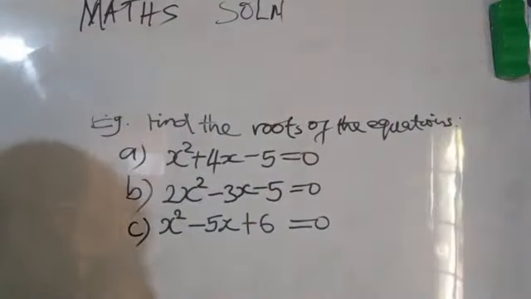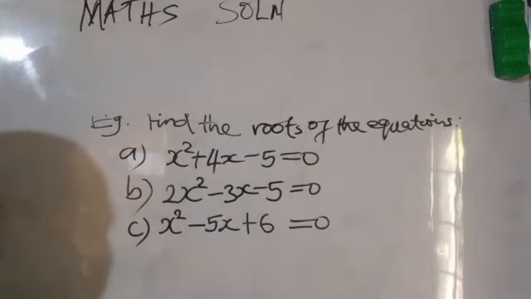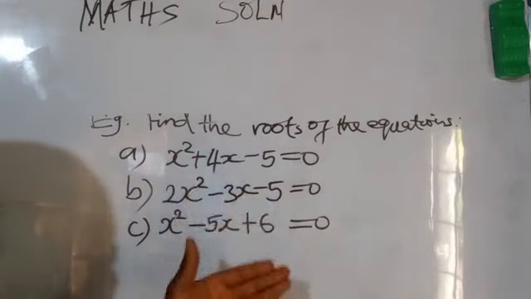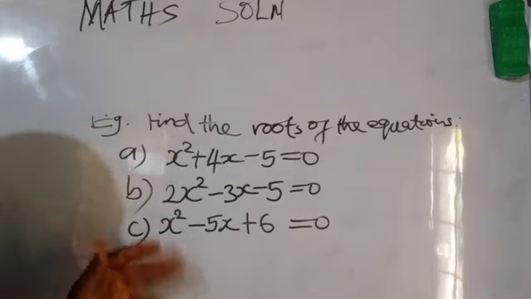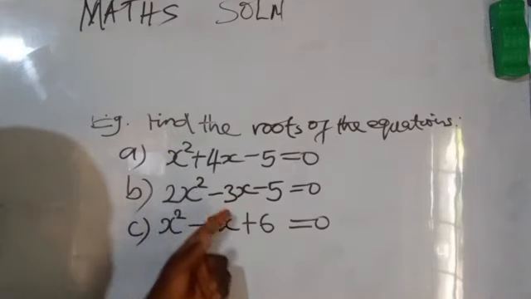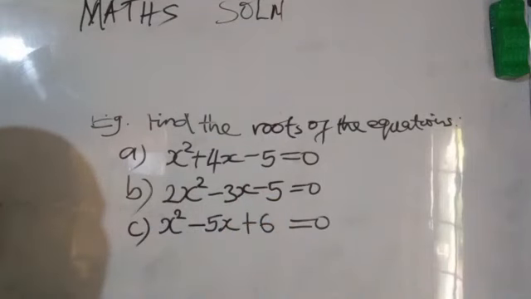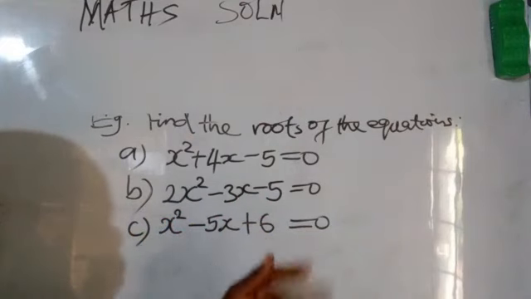Okay, you can see the questions here. Find the roots of the equations: x squared plus 4x minus 5 equal to 0. That's the first equation. Then the second question is 2x squared minus 3x minus 5 equal to 0. And the third question is x squared minus 5x plus 6 equal to 0.